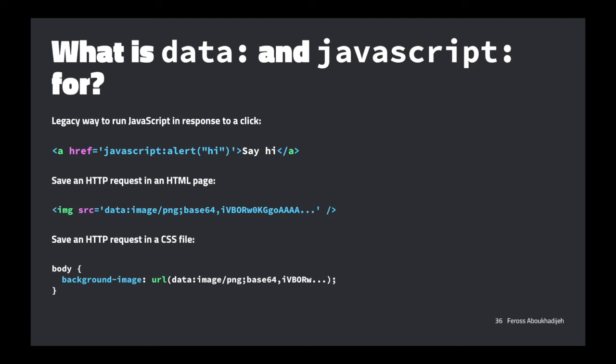The javascript: thing? Oh yeah, I was going to try to mention the legitimate uses of it here, but I honestly argue that there's basically no reason to ever do this anymore. I think it's for backwards compatibility with all the sites on the internet that were built before we had better ways to accomplish these things. Here's an example. Say you want JavaScript to run when the user clicks this link. You could say, when the user clicks this, go to javascript: whatever code I want to run.